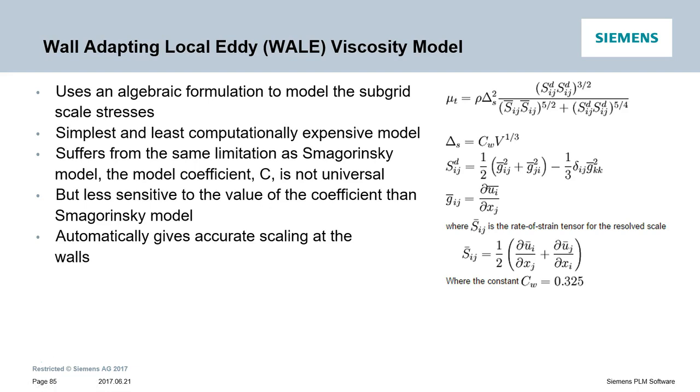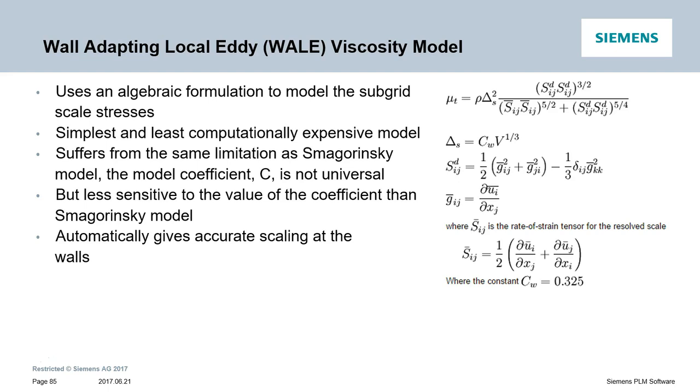It also suffers from the same limitation as the Smagorinsky model, that the model coefficient is not universal, but still it is less sensitive to the value of the coefficient. Also, this model gives zero eddy viscosity for laminar flow regions and can potentially be used for studying relaminarization. As a result of all these advantages, it is the default or recommended subgrid model in Star-CCM+.